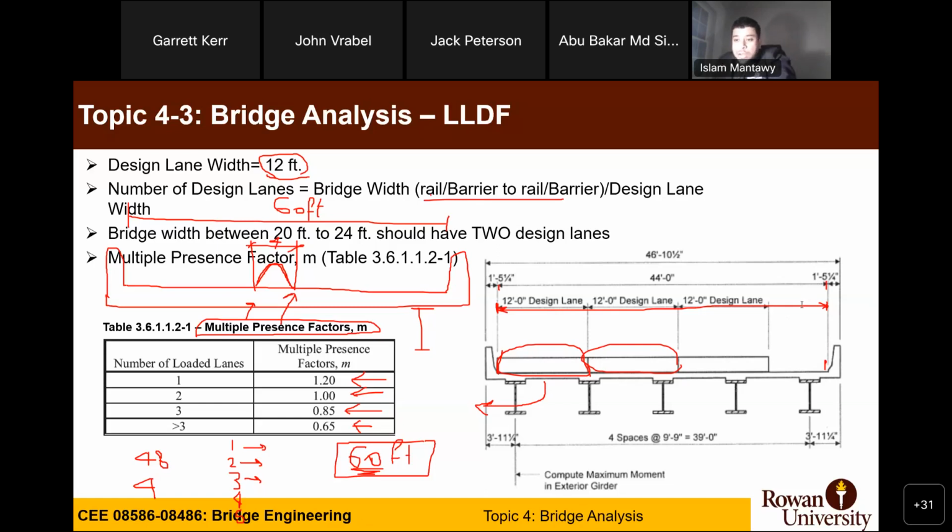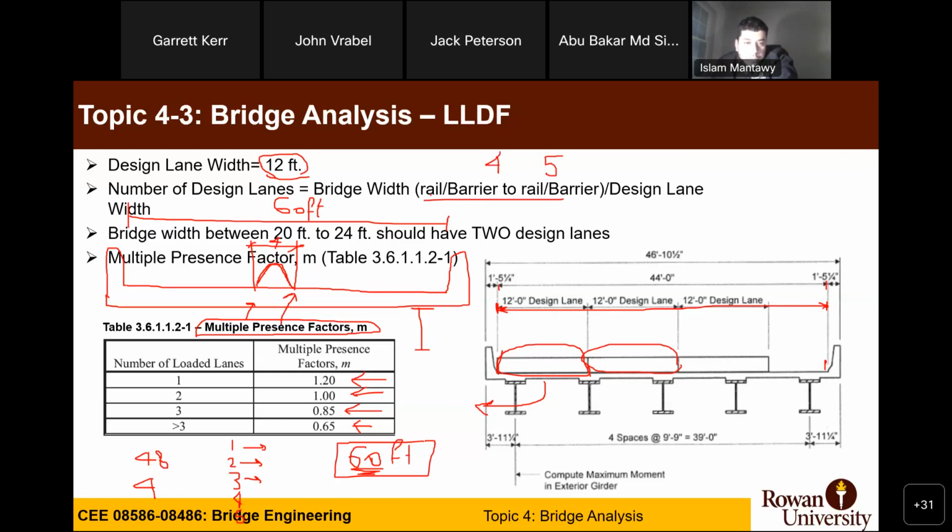Okay, looks like we got almost everyone responding. It's actually either 4 lanes or 5 lanes. This could be the answer.